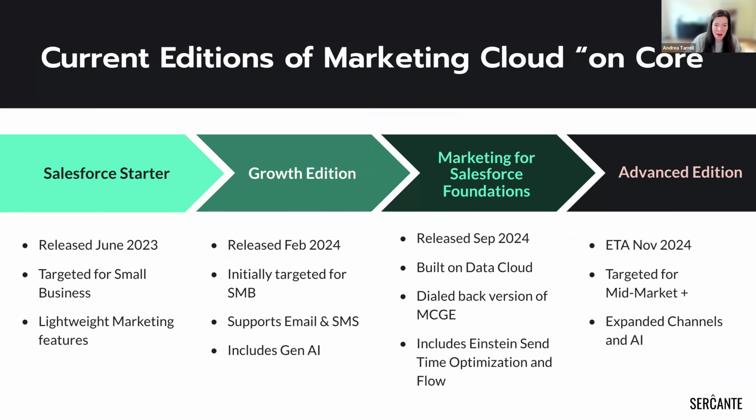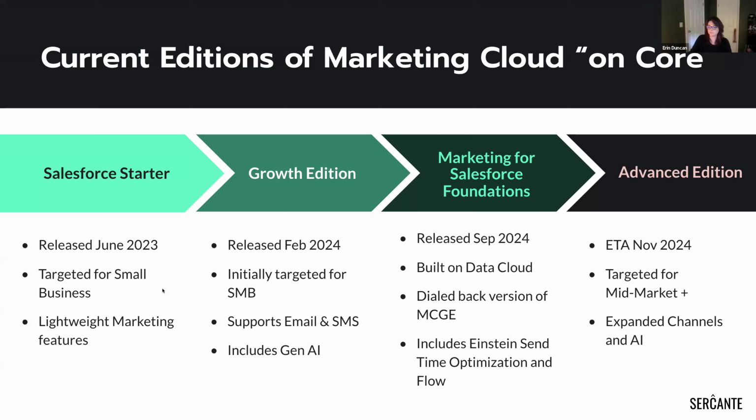A point I want to make on this slide is this is a new, quote unquote, new product in that it hasn't been around as long as Pardot or Marketing Cloud Engagement, but it's not like it was born yesterday. This product has actually been in market since June of 2023. It was quietly released in the Salesforce Starter SKU. So small businesses getting their hands on that, using some of Growth's early features.